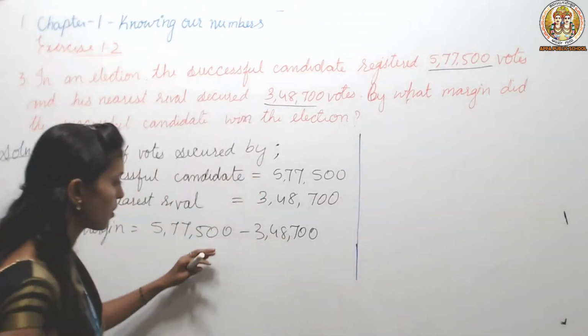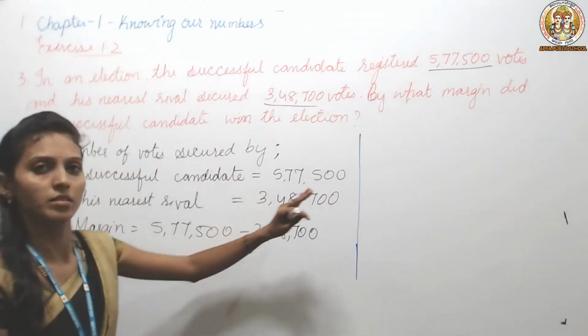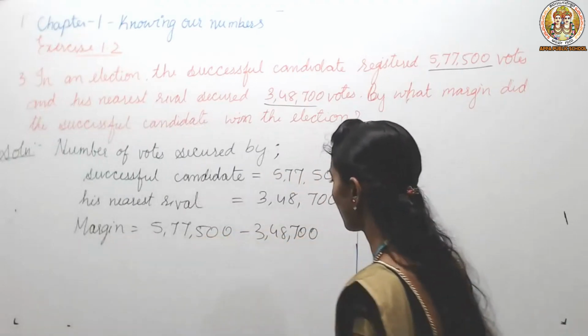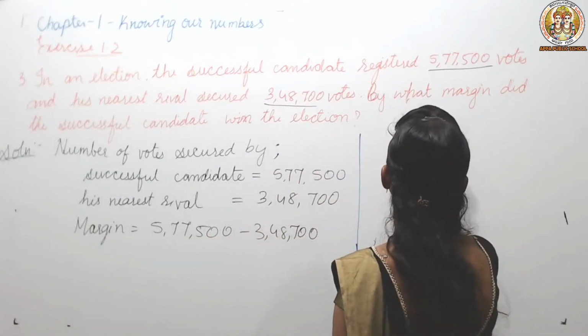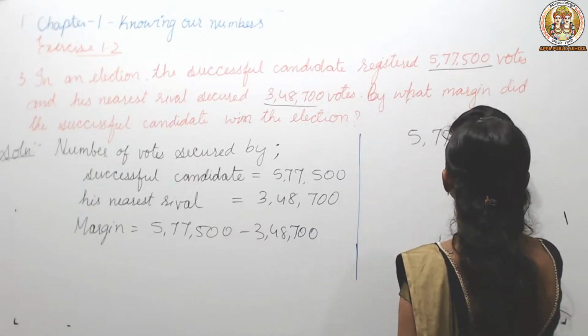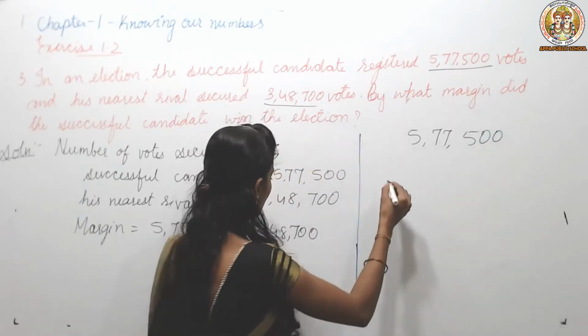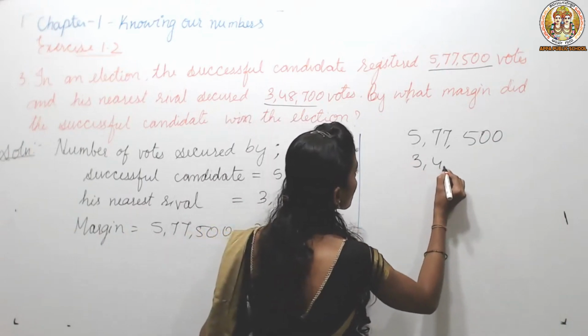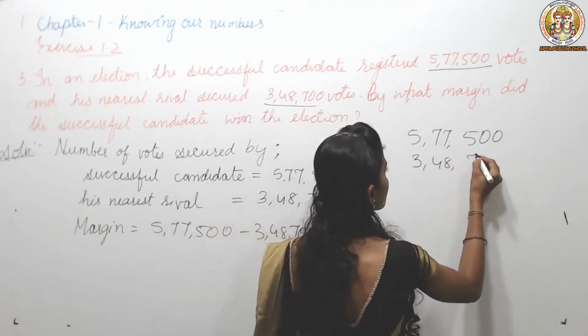I can continue here only. Okay, but I'll do here. 5,77,500 minus 3,48,700.